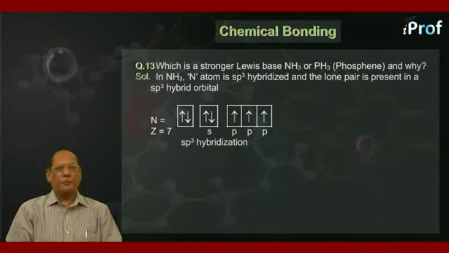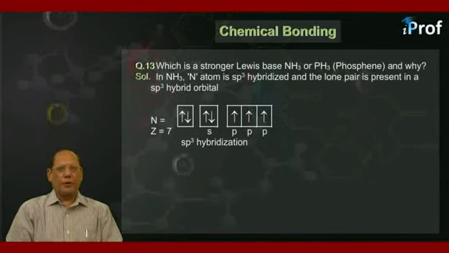The answer is, in ammonia, the nitrogen atom is sp3 hybridized and the lone pair is present in an sp3 hybrid orbital, as is clear from the following configuration. The 4 sp3 hybrid orbitals are formed, which are directed towards the 4 corners of a tetrahedron, but one of the sp3 hybrid orbitals carries a lone pair with it.